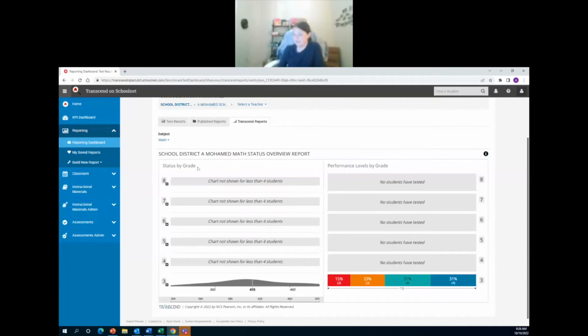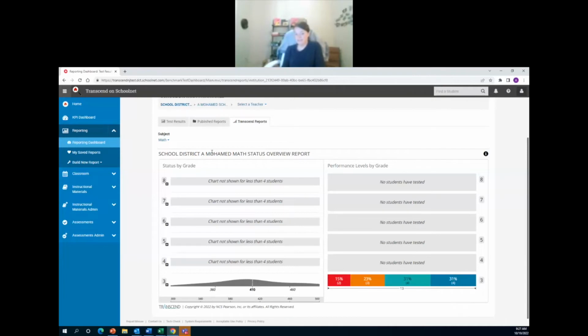But there are a couple things here that I want to point out to you. The first one is that the permissions are based on your role. If you're a district level user, you have access to the district reports, the school reports, the class reports, and the student reports. If you're a school leader, it starts at the school level, and then it goes to class and student.